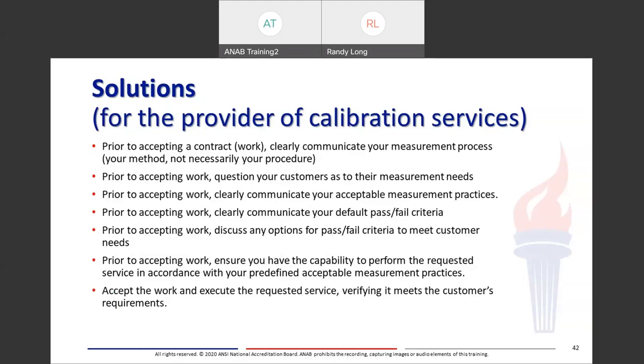And again, prior to accepting work, discuss any options for pass-fail criteria to meet your customers' needs. And you're also going to ensure that you have the capability to perform the requested service in accordance with your predefined acceptable measurement practices. Then you can accept the work and execute the requested service, verifying that it does meet your customer's requirements.